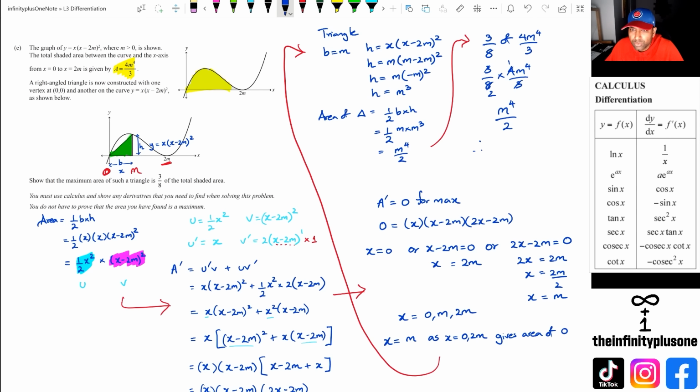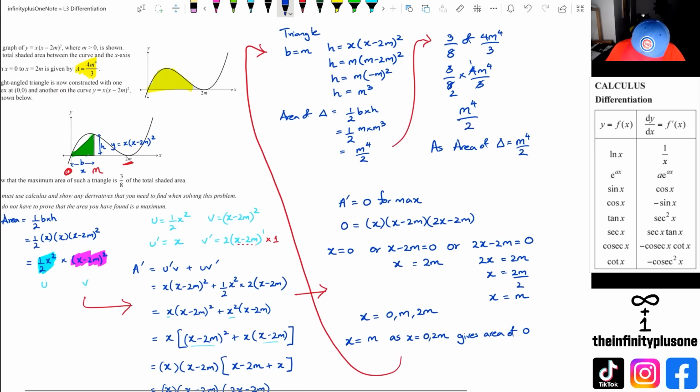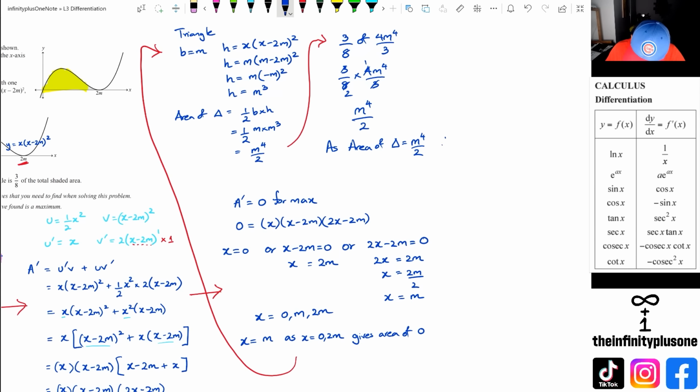You've kind of just proven, therefore, area of triangle, or we can say something like, as area of triangle is equal to m to the power of 4 over 2, therefore, triangle is 3/8 of shaded area, or something along those lines.